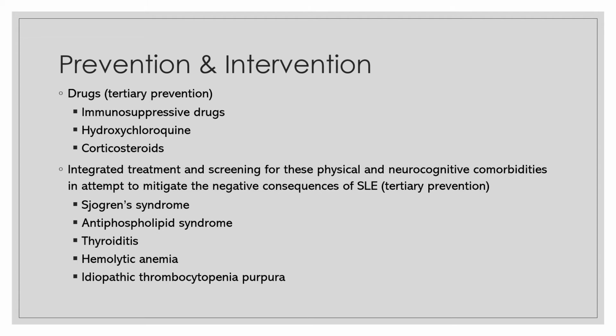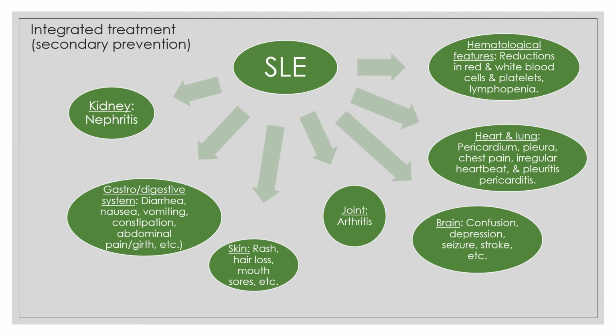And there's also a need for an integrated treatment and screening with SLE and the following physical and neurocognitive comorbidities like Sjogren's syndrome, antiphospholipid syndrome, thyroiditis, hemolytic anemia, and idiopathic thrombocytopenic purpura. And screening and treatment for SLE should also be integrated with any of these comorbidities.